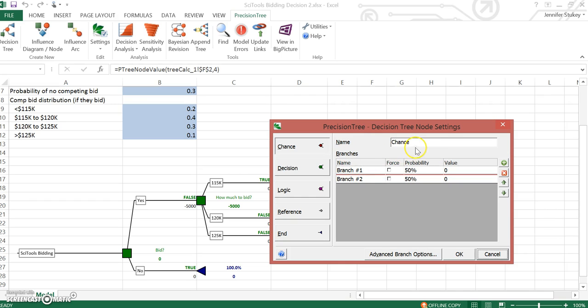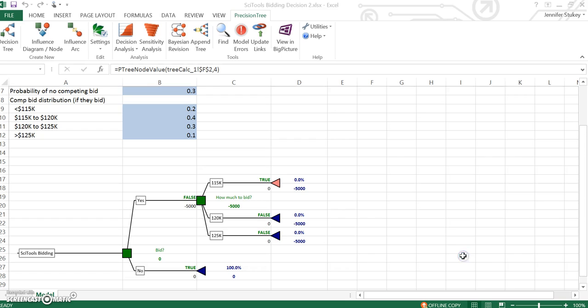So the chance in this case is any competing bid. And branch 1 can be no. Branch 2 can be yes. And notice I'm not adjusting any probabilities yet.